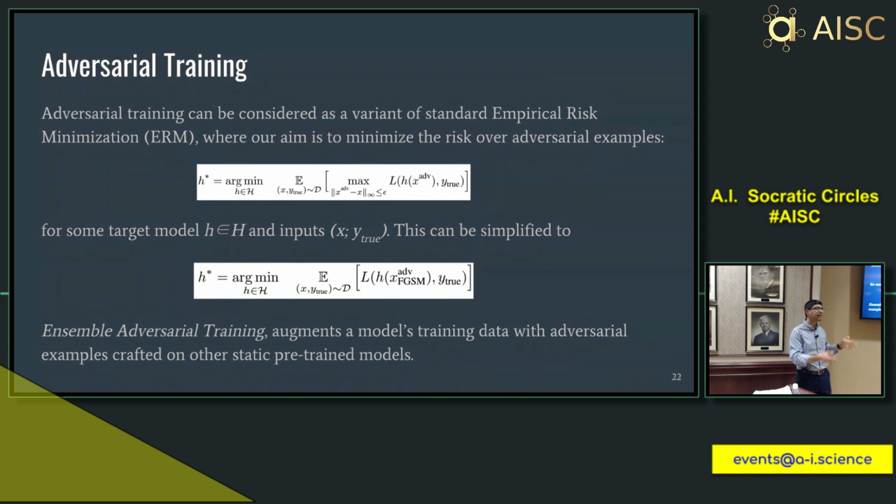So we want the classifier to classify the worst adversarial example correctly. It's very hard. It's a completely non-convex problem, so there are methods to make it well-behaved. There are a bunch of papers. The simplest way to solve it is to just use FGSM to generate adversarials and then train the network on those FGSM-generated images.